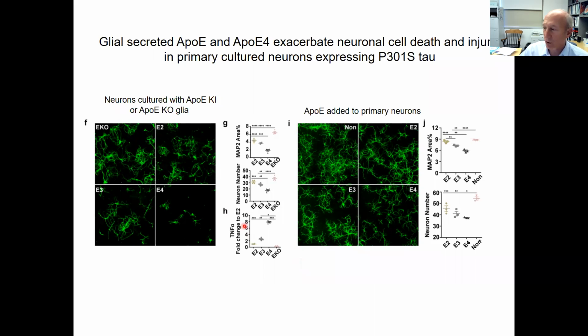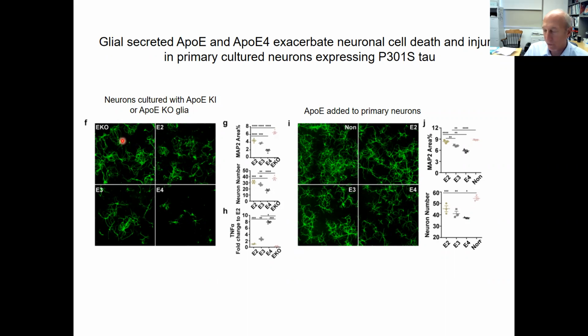So we cultured P301S-expressing neurons, which are labeled in green, on a bed of mixed astrocytes and microglia. Over a few weeks, if the glia did not make APOE, the cells looked healthy and had good looking axons and dendrites.